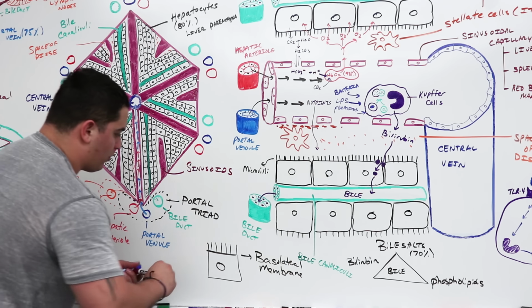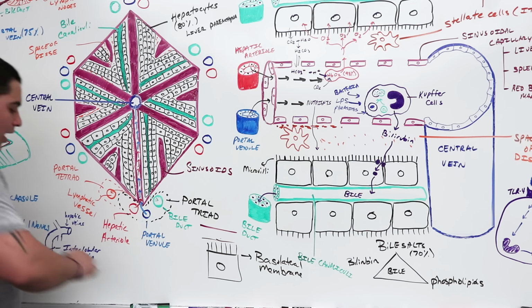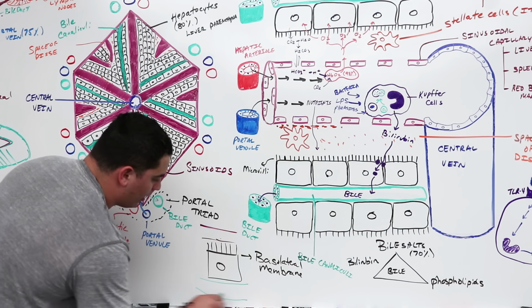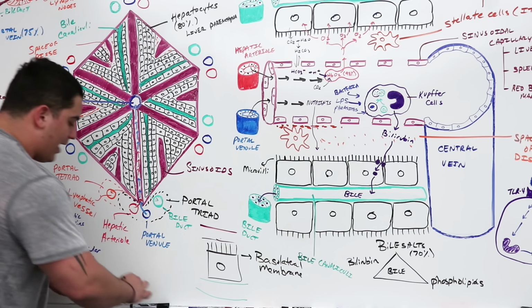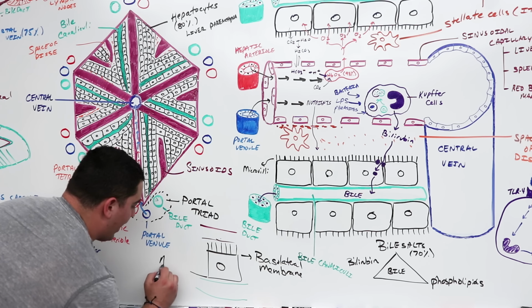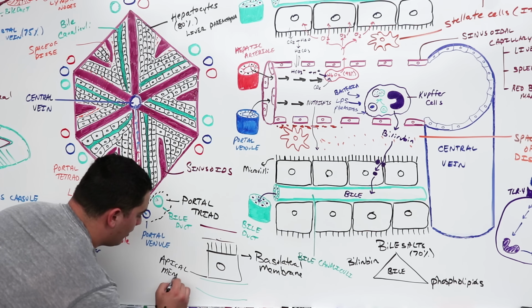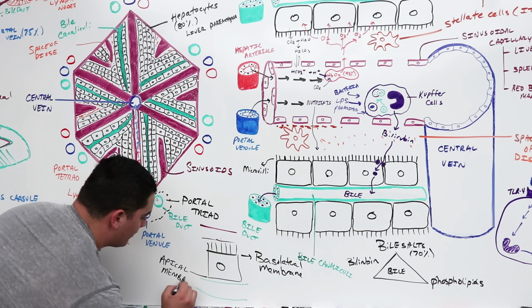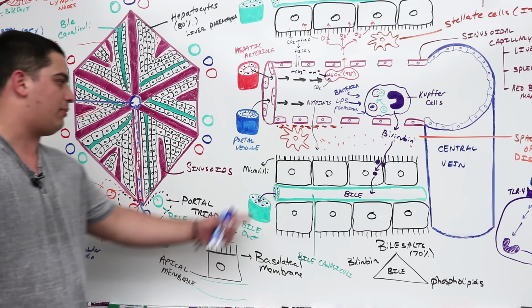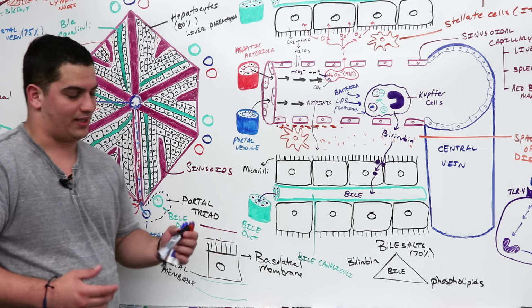So on this side is where the actual capillary system is. On the other side is the actual biliary canaliculi. And this side right here, facing that, is called your apical membrane. It's pretty weird, because it's kind of opposite of what you would normally think. Usually we think the apical membrane is going to be towards the sinusoidal capillaries and the basolateral will be towards the bile canaliculi, but it's not.